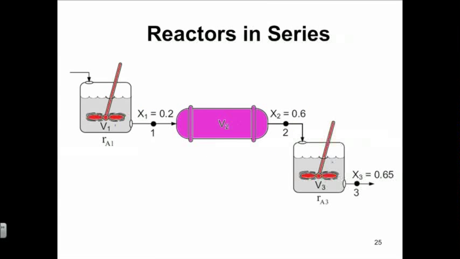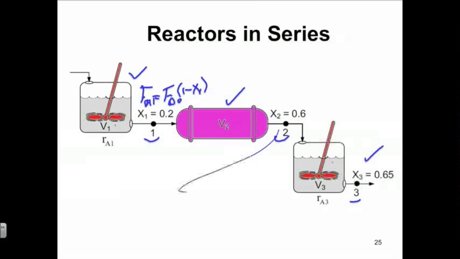So let's look at this reactor sequence: a CSTR, a plug flow, and then a CSTR again. This is point 1, point 2, and point 3. So at point 1, we have Fa1, and that will be Fa0 (1 minus X1).